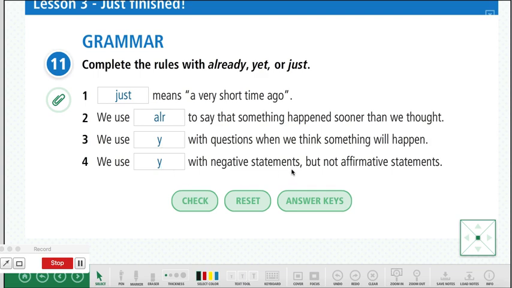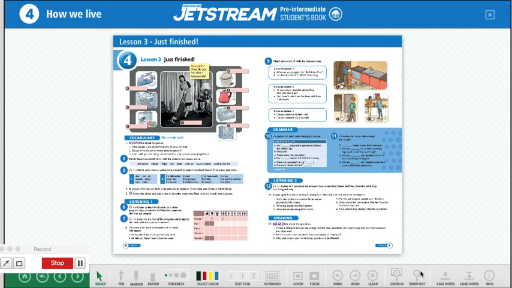Look at this. Just is for a very short time ago, apenas, justo, acabo de. Already is to say that something happened sooner; esperaba que terminaras, pero cuando digo already es como que ya, antes de lo que pensaba. And yet is for questions and negative. That's it.